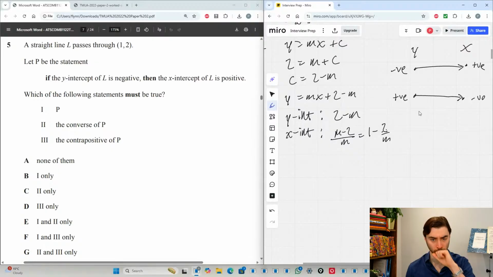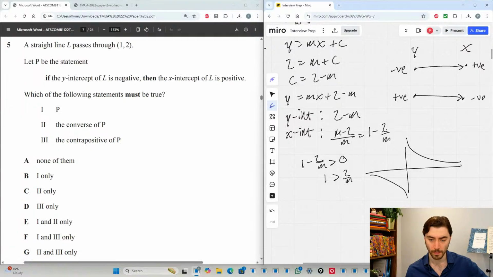Now let's consider the converse of P, which is if the x-intercept is positive, then the y-intercept is negative. So if the x-intercept is positive, if this is true, then that must be true. But we can sketch 2 over m.